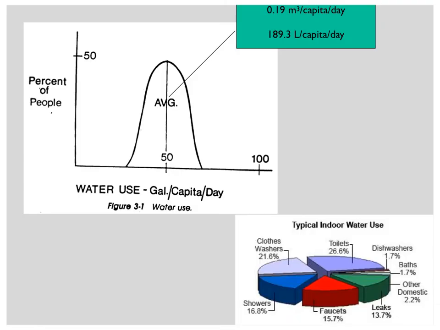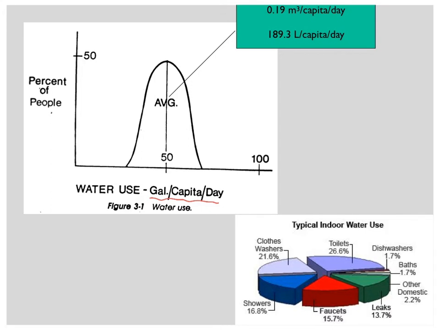When we consider on-site wastewater treatment, one of the things that we have to think about is how much wastewater is going to be produced. On average, the water use is about 50 gallons per capita per day.